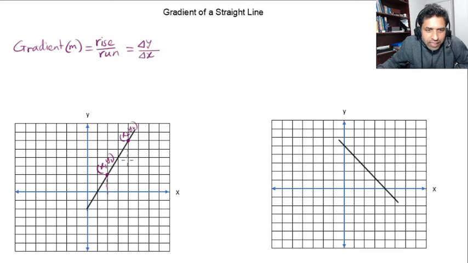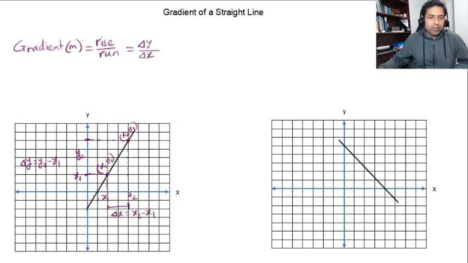If I extend these lines, this is our x1 and this is our x2, and this is our y1 and this is our y2. So the gap from here to here is del y, which is y2 minus y1, and the gap from here to here is del x, which is x2 minus x1.